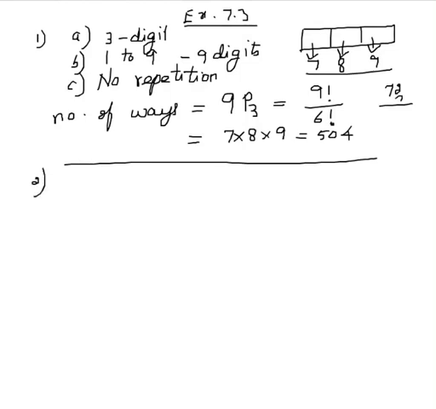Question 2. How many 4-digit numbers are there with no digit repeated? So the first condition is it should be a 4-digit number. And second condition is no digit repeated. We can make use of all the 10 digits 0 to 9.